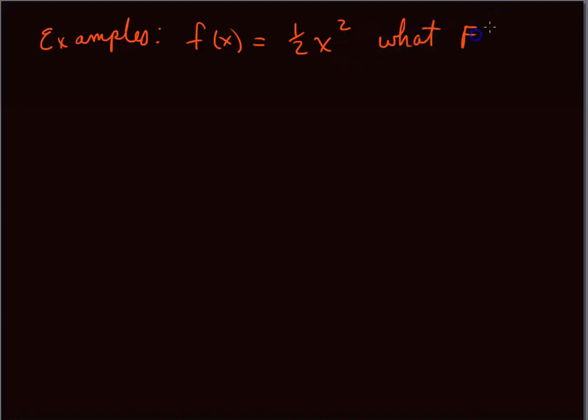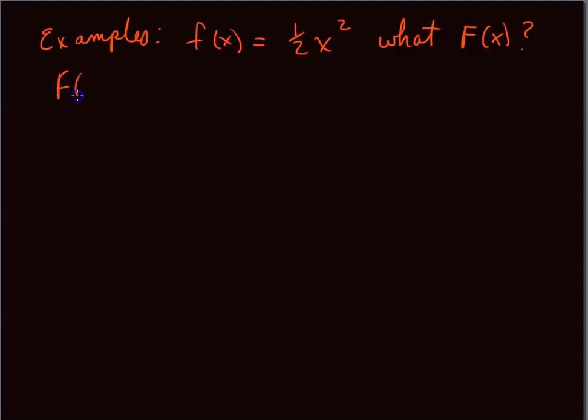What is the capital F of x, the antiderivative? Well, if you think sort of backwards, when you take the derivative of something like this, it's just a polynomial. You take the exponent and multiply by the exponent and then subtract 1 from the exponent. So, we know x is what it's got to be.